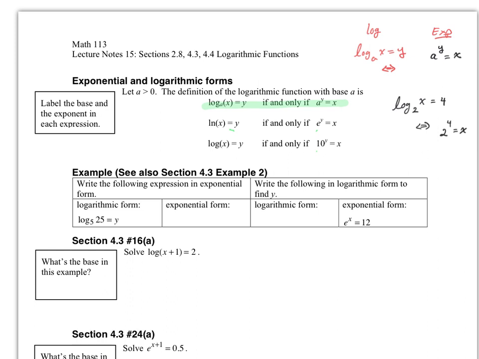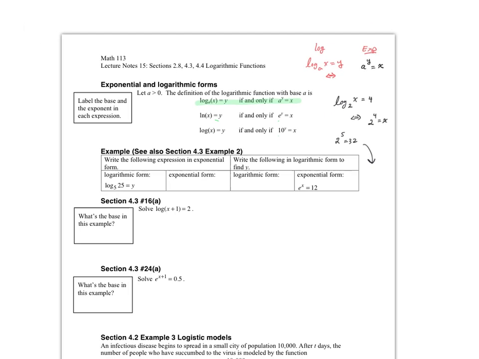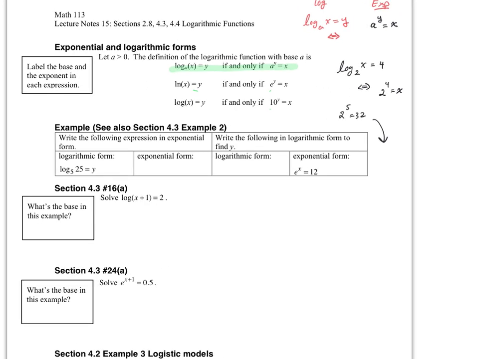Or everybody knows that, let's say, 2 to the fifth is 32, right? So which one is the base? Well, the base is clearly 2. So this is the same thing as log 2 of 32 equals 5. So this is how easy it is to change from log to exponent, and this is very, very, very important.